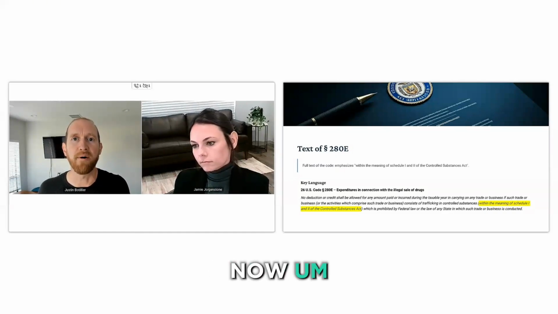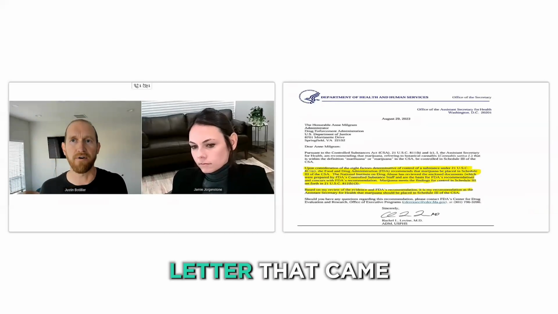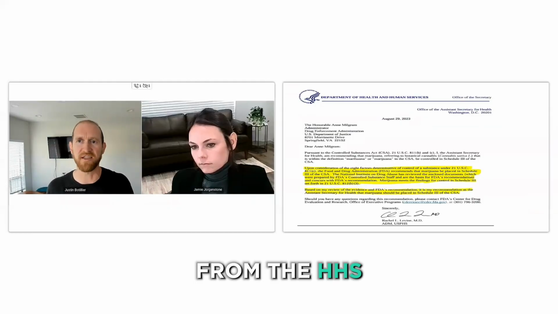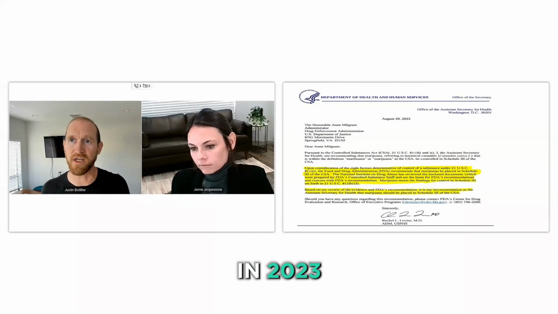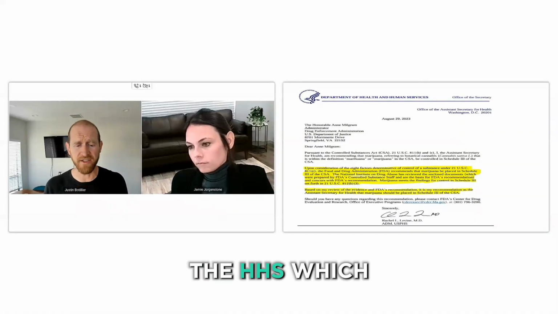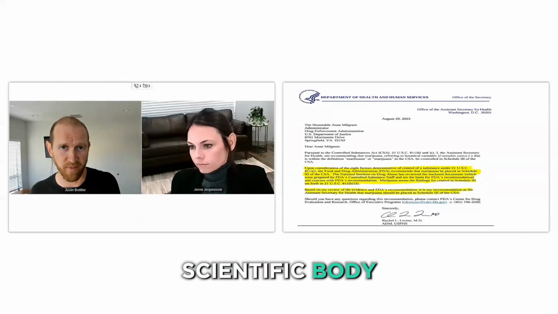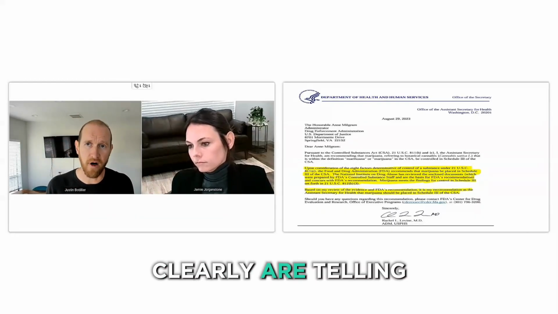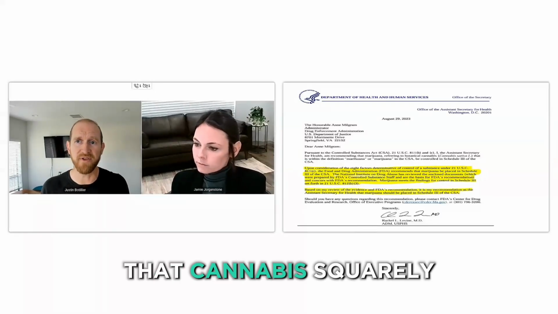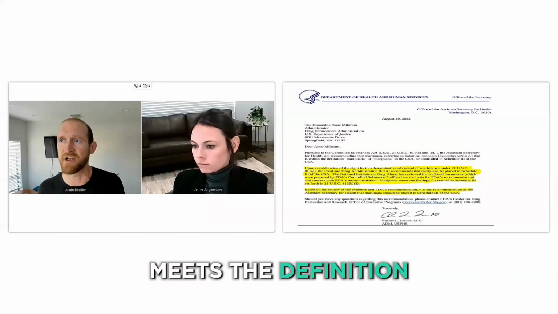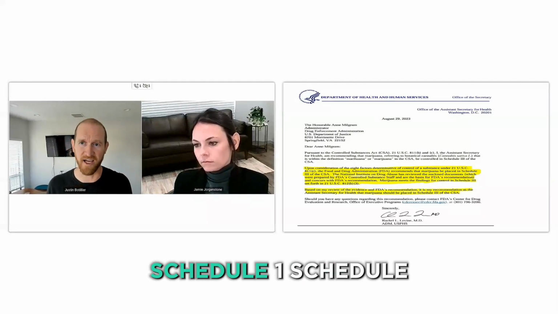Now, that coupled with the letter that came from the HHS, backed by a 250-page document by the FDA back in 2023, the HHS, which is a scientific body, and the FDA, which is a scientific body, clearly are telling the DEA, essentially, that cannabis squarely meets the definition of a Schedule III substance and not a Schedule I, Schedule II substance.